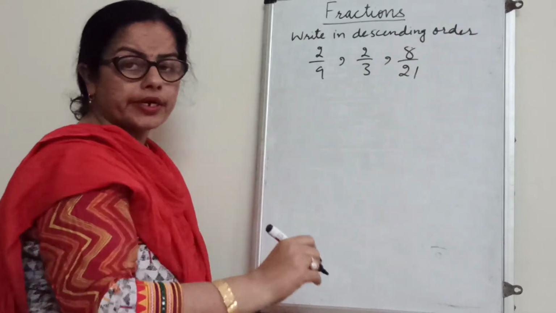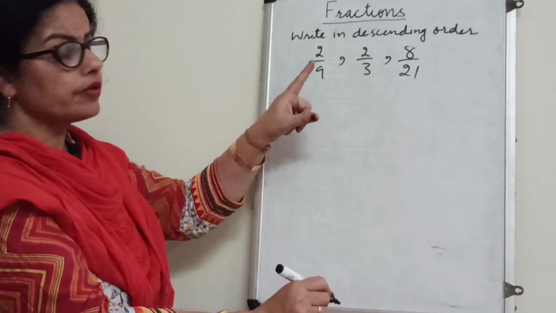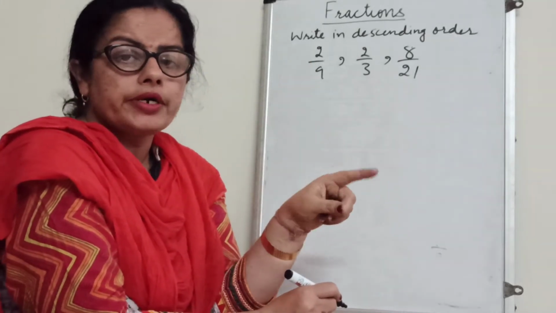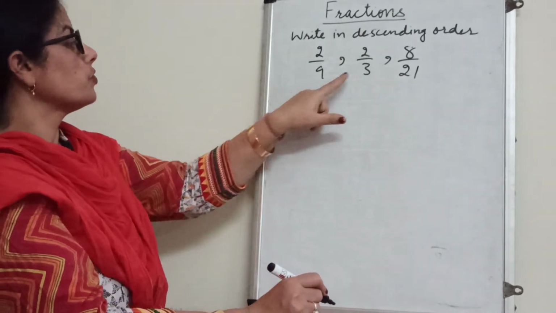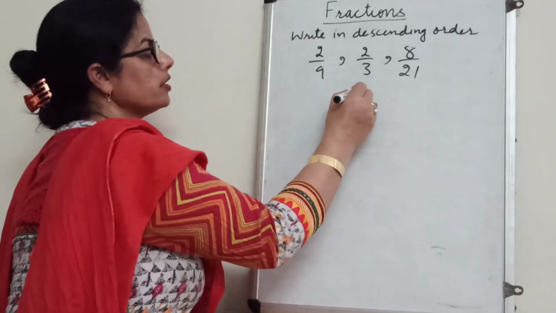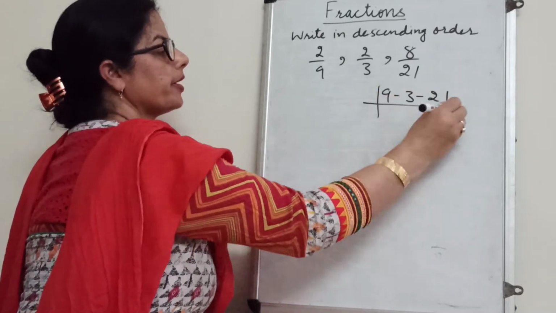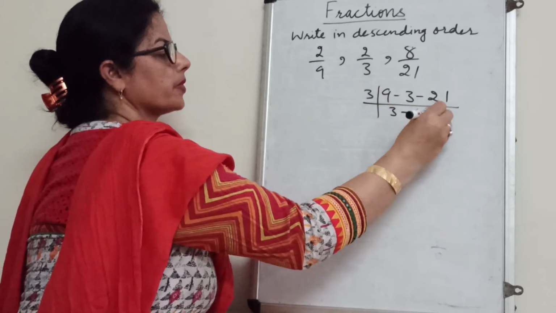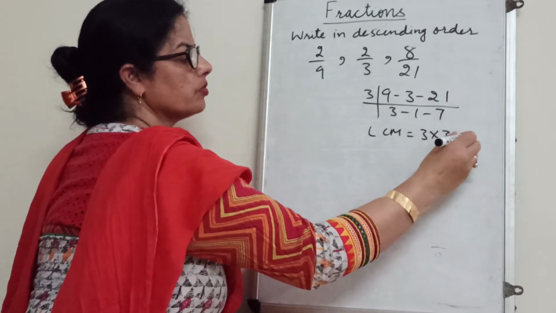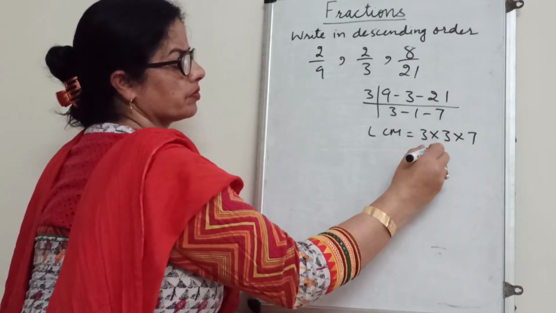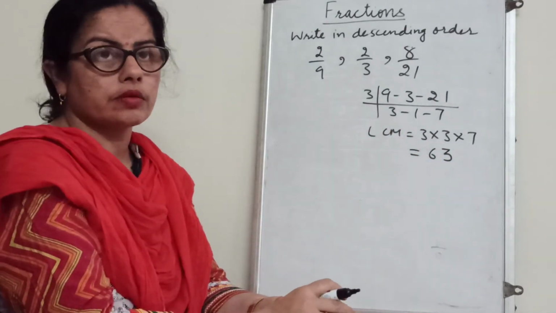Whether you want to write in ascending order or descending order, first we will make the denominator the same. So to make the denominator the same, we will take the LCM. LCM of 9, 3 and 21. Divide by 3. What will be the LCM? 3 into 3 into 7, 63. 63 will be the LCM.